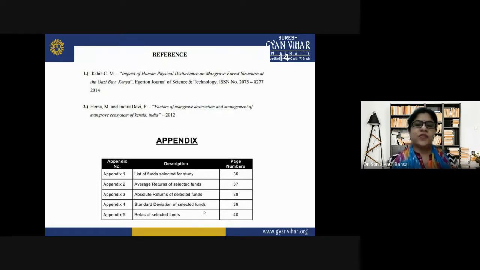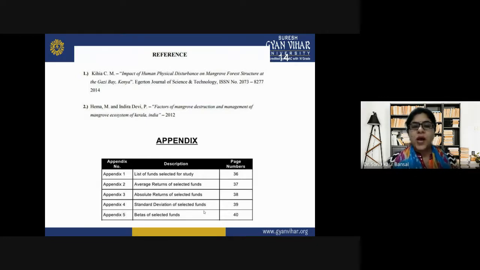Another example is also given to you: Hema M and Indira Devi P. When there are two or more authors, you write in that way. And if you are not finding the journal name, you write it year-wise. And then the appendix includes all the descriptions that you have used in your research and investigation process.